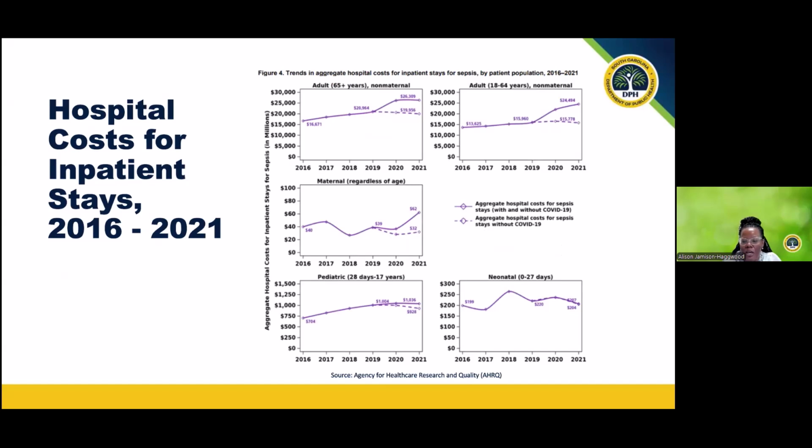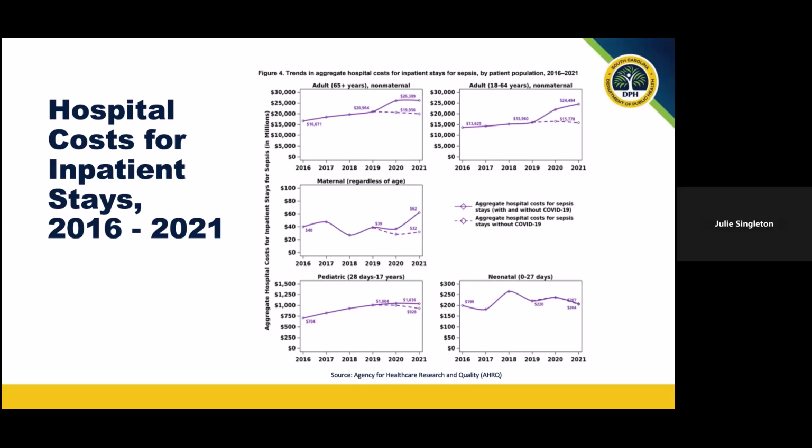It's just an aggregate of the cost for hospital stays. So over half of the aggregate hospital costs for sepsis stays in 2020 and 2021 were associated with stays that were expected to be billed to Medicare. So about 56.3% and 53.9%.